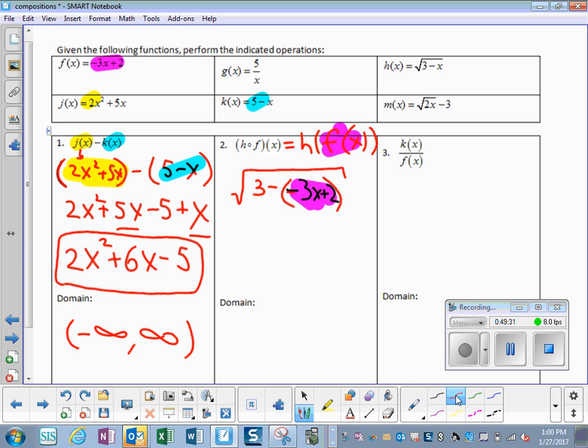Would you distribute the minus? Yes, you can. When I simplify, I need to distribute the minus inside parentheses. So I have 3 plus 3x minus 2. And when I combine the numbers, I will have 1 plus 3x. That would be my final answer for this composition.